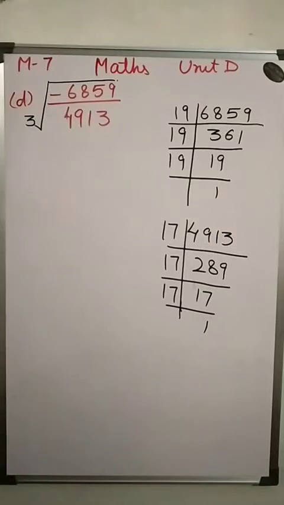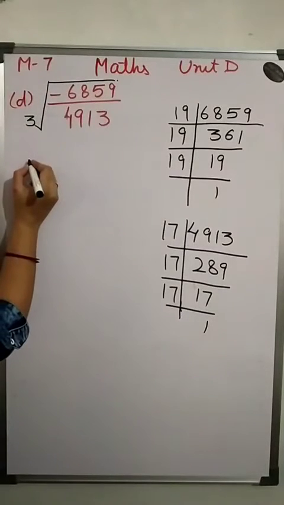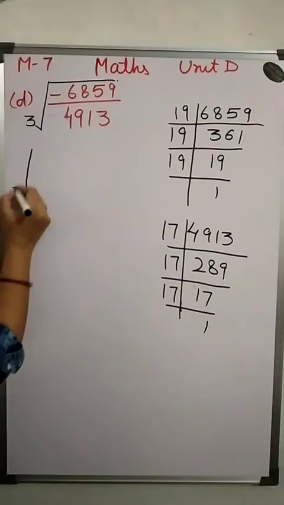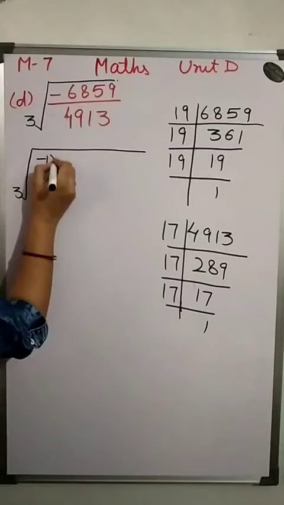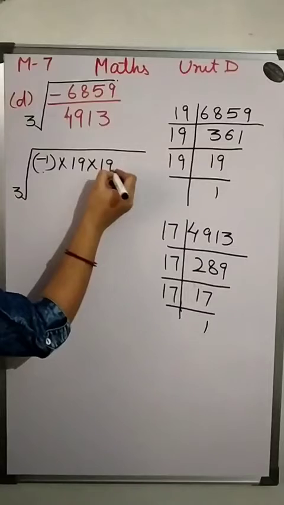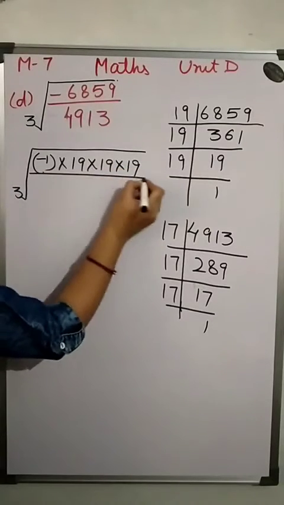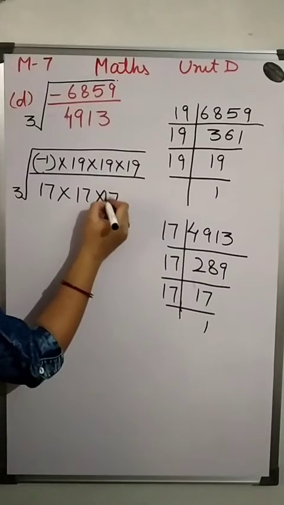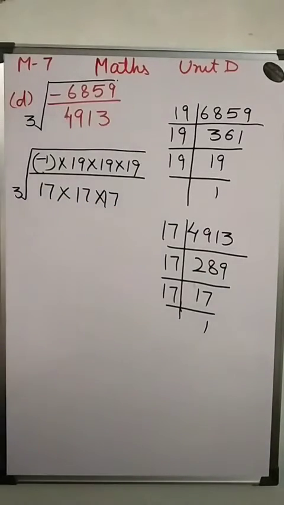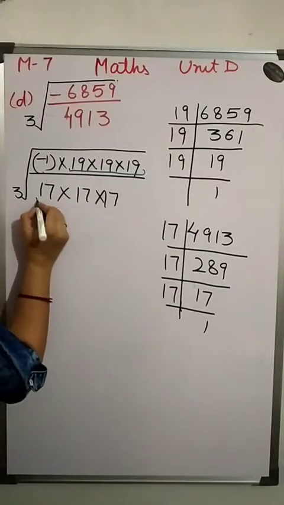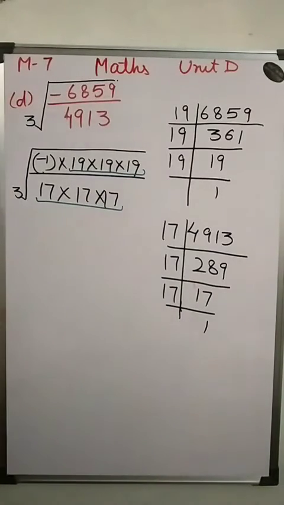As I told you in the last question, whenever you have this kind of question, we write this number as -1, and this we can write as 19 multiplied by 19 multiplied by 19 upon 17 multiplied by 17 multiplied by 17. From this triplet of 19 we use only one 19, and from here also we write one 17.